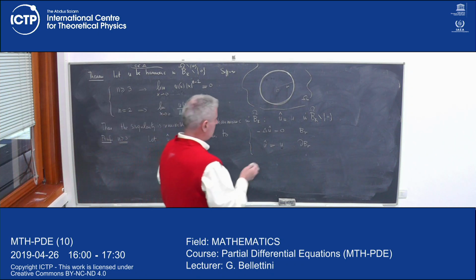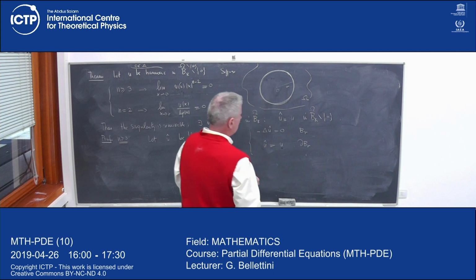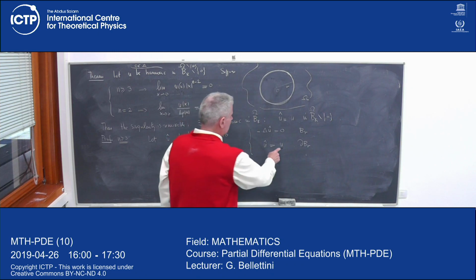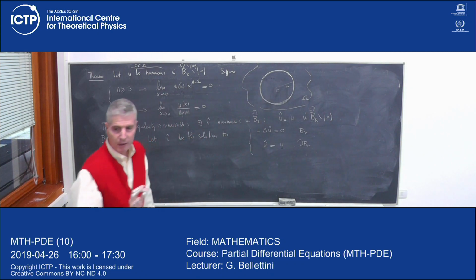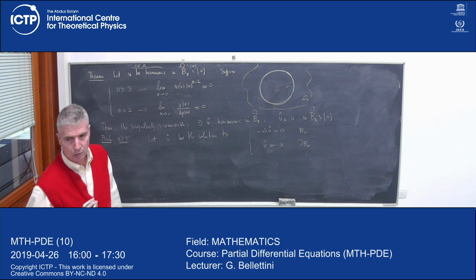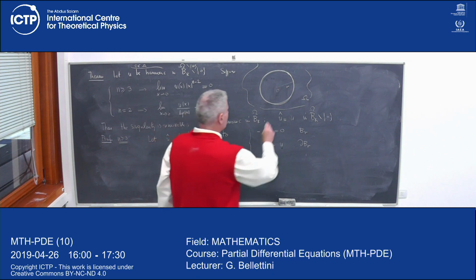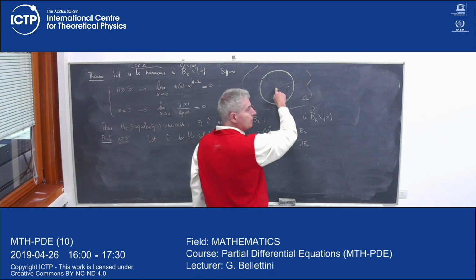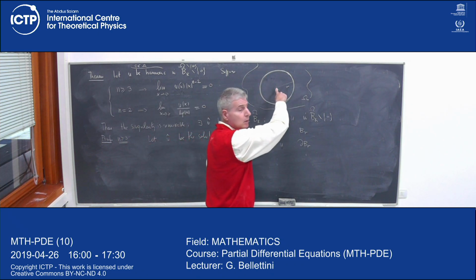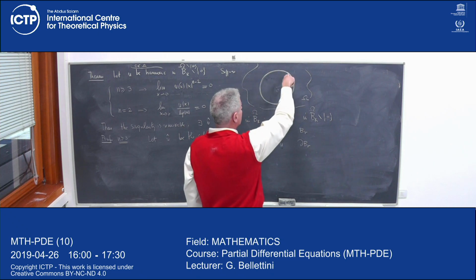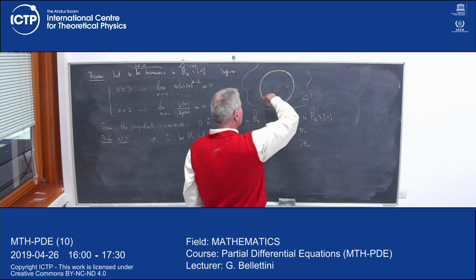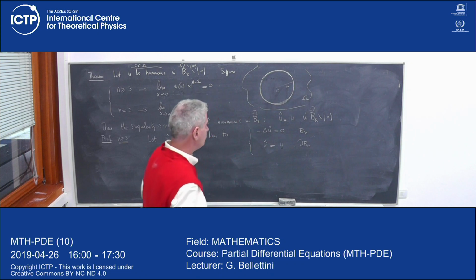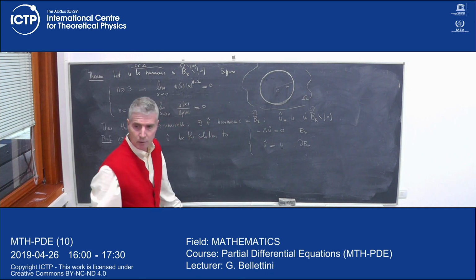The boundary value of u hat is defined by u. Because u is defined everywhere up to this point and is harmonic, in particular u here is continuous.